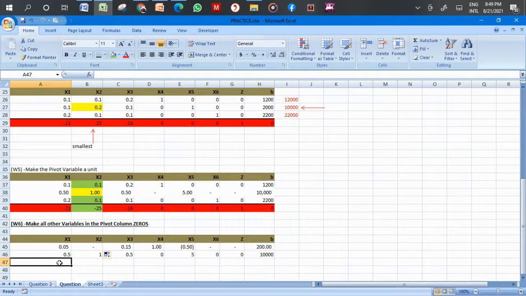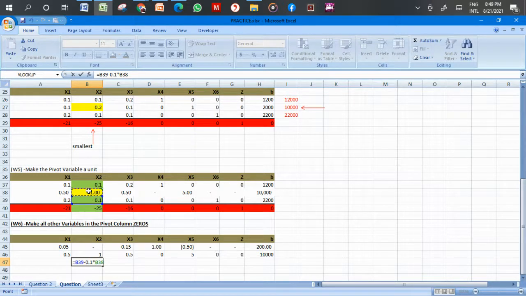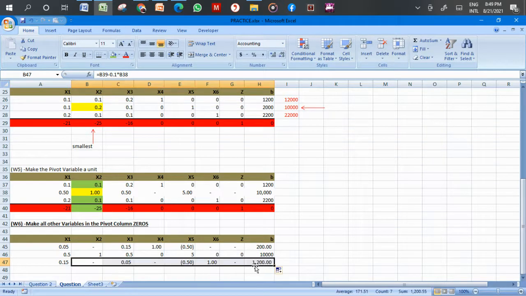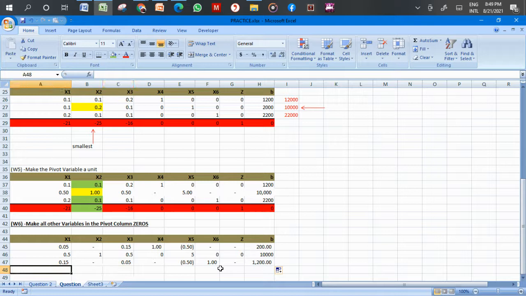We can do it for the third column. In order to make this 0.1 a 0, we have to say it is equal to that 0.1 minus 0.1 multiplied by the one that is in the pivot row. So as you can see, we have a 0 here, and we can just copy it like this, and we are there. Then lastly, in order to make this minus 25 a 0, what do we do?